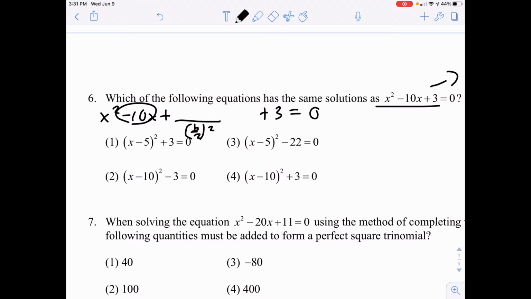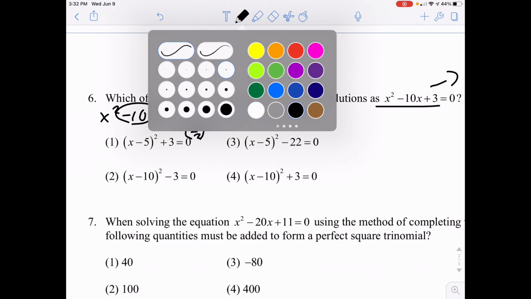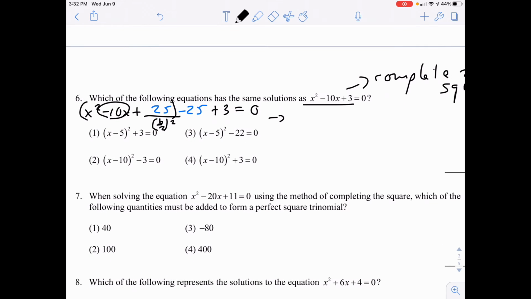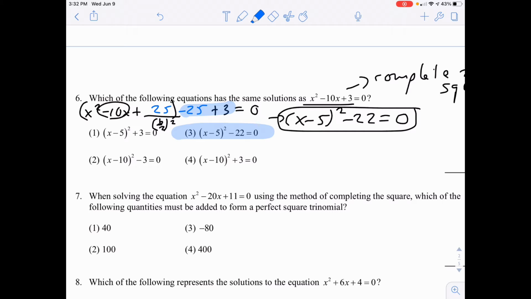B is negative 10, so half of negative 10 would be negative 5. Square that, we get 25. But we subtract that same amount so that we're really just adding 0. And if I section this off, I get the quantity x minus the square root of 25, which is 5, quantity squared. Negative 25 plus 3 would be minus 22 equals 0. Or number 3.